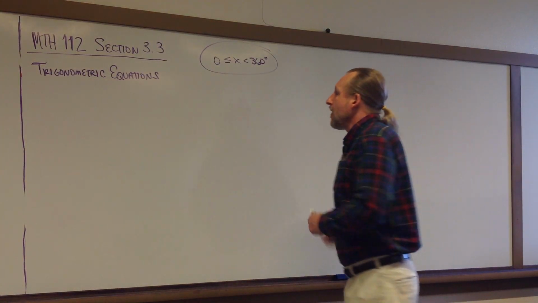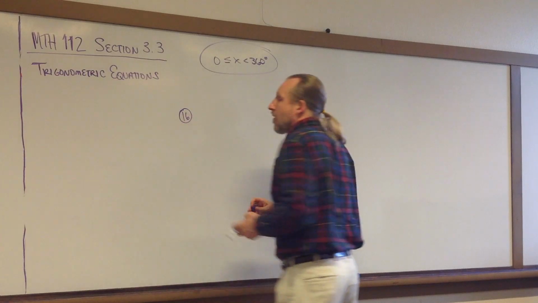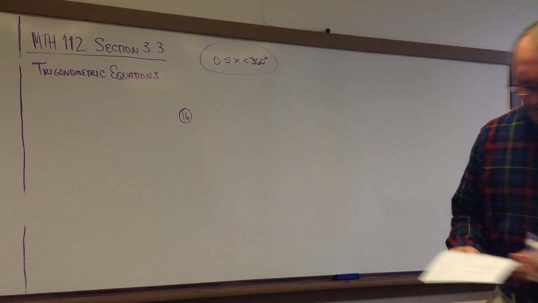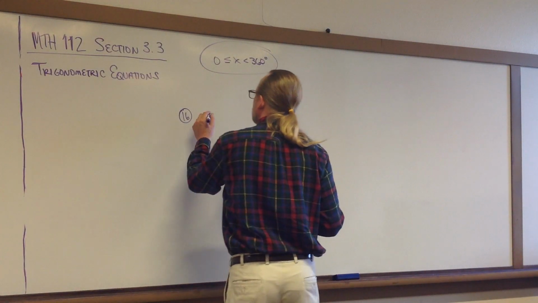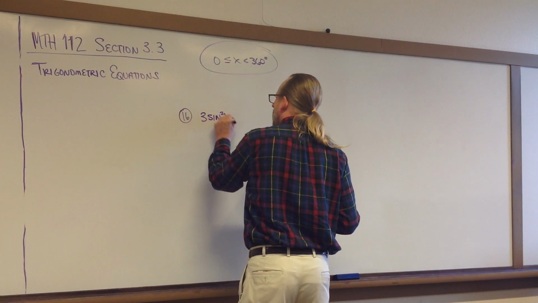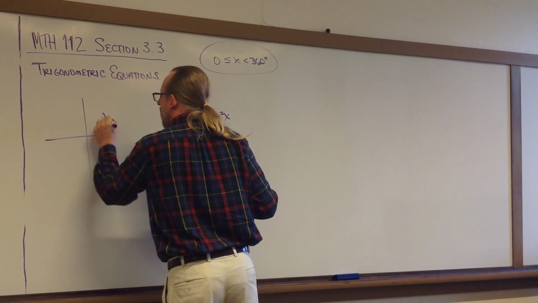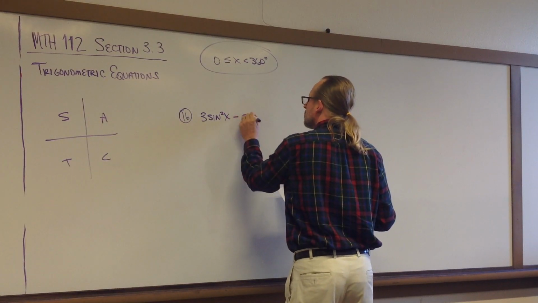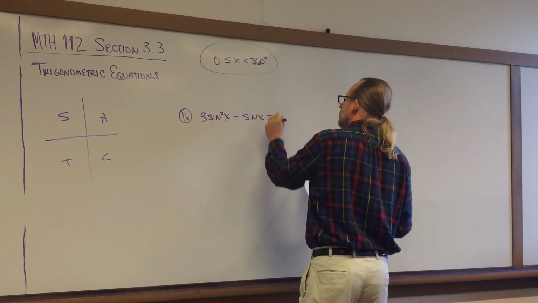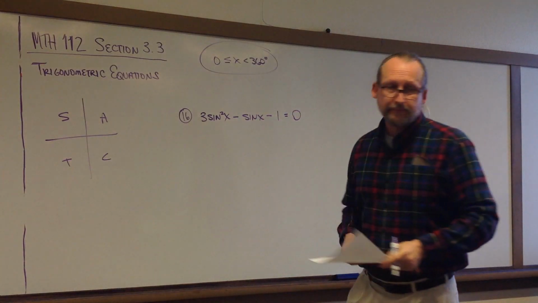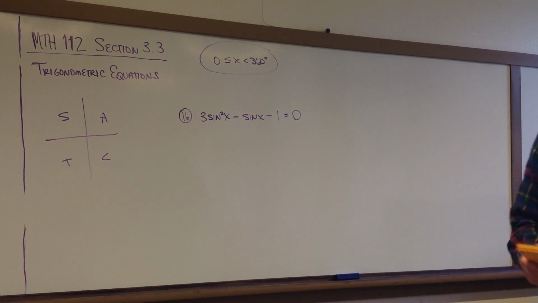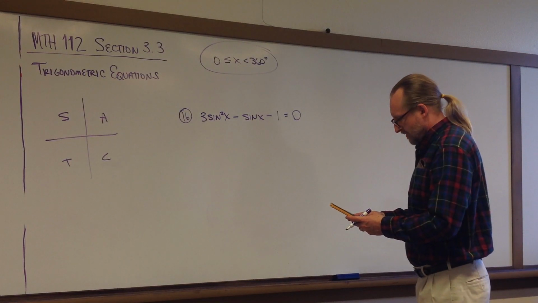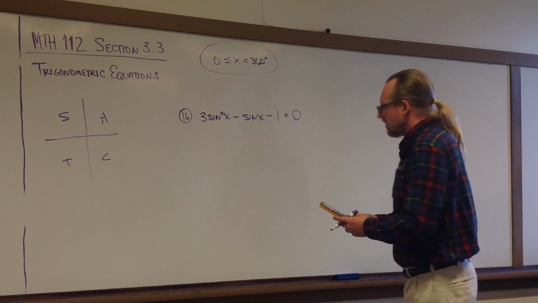Problem 16. All right, 3 sine squared x minus sine x minus 1 equals 0. All right, so use the quadratic here, 3, minus 1, minus 1.